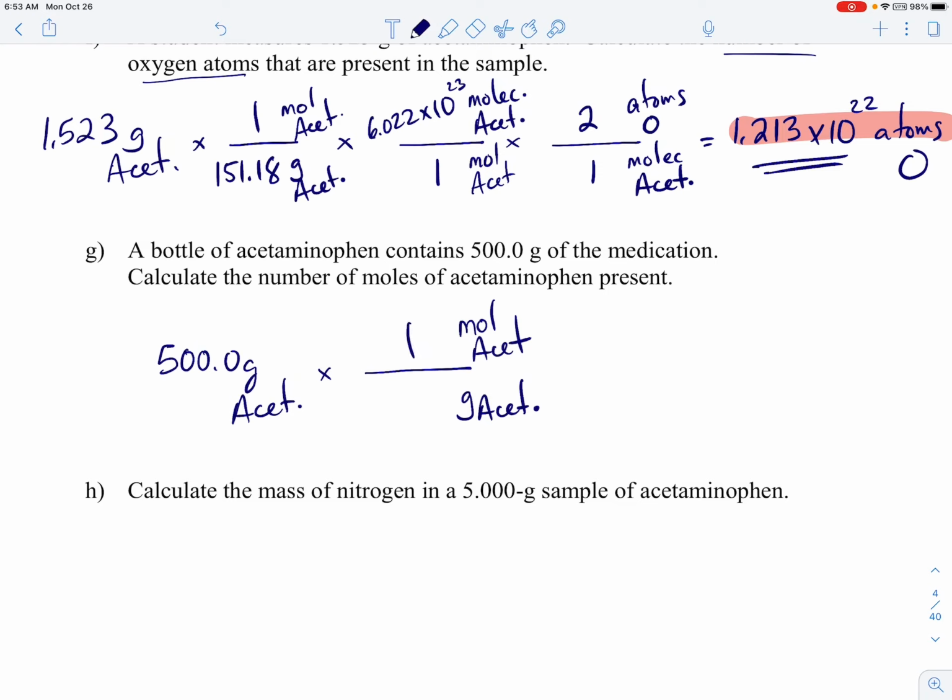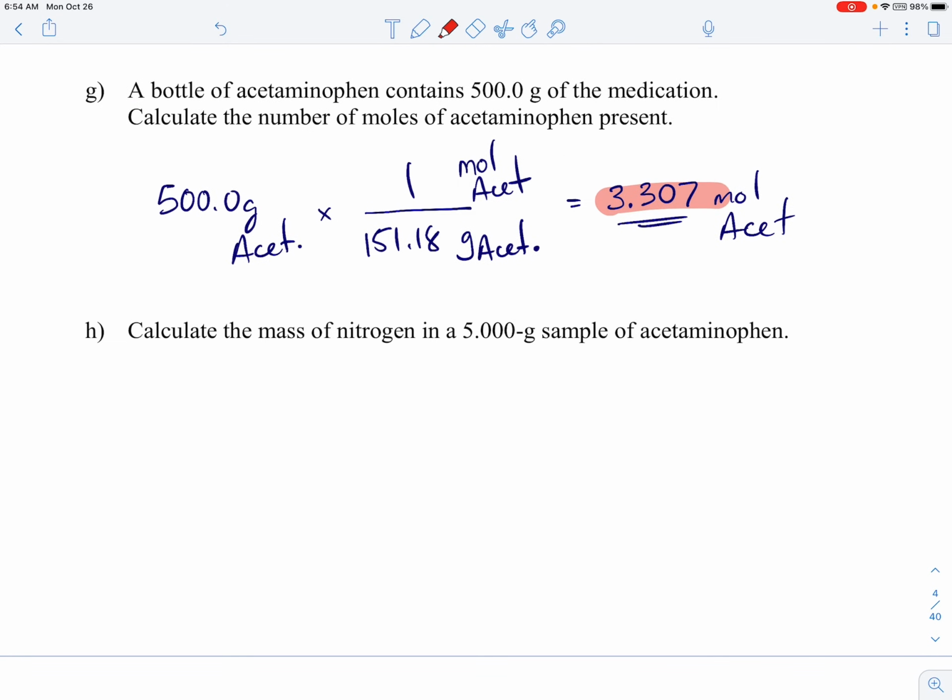So 1 mole using the molar mass, 151.18 grams, and we're done. 500 divided by 151.18, and we can keep 4 significant digits, 3.307 moles of acetaminophen. So just like I figured with my mental math, a little bit more than 3 moles.